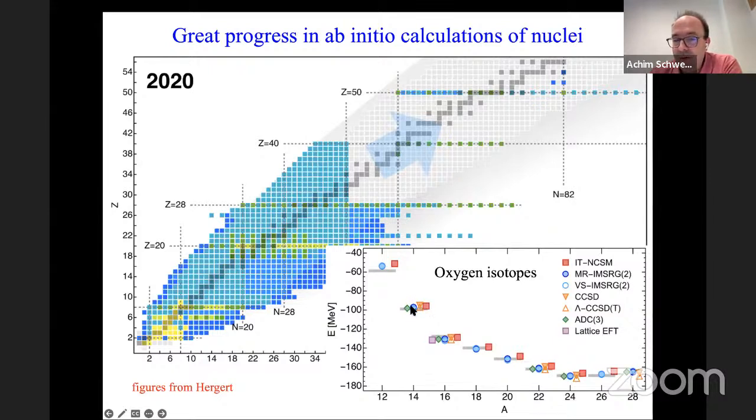If you added the Chiral EFT truncation uncertainty on top, this would be a much larger error bar. So basically we can solve, as I will show you later, even up to a 100-body system with controlled many-body calculation uncertainties.